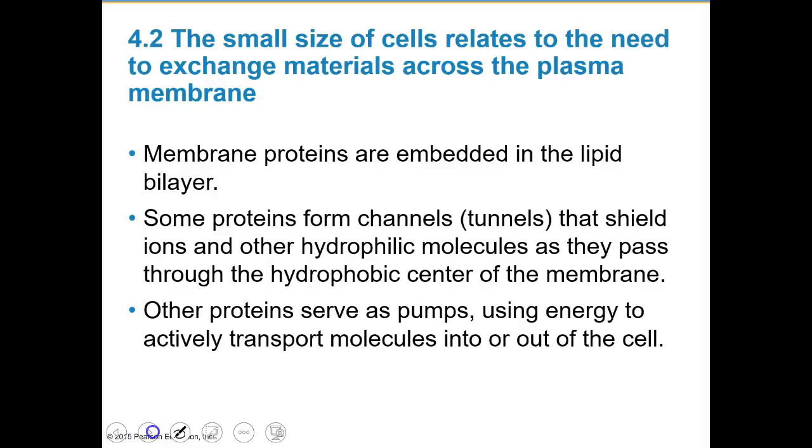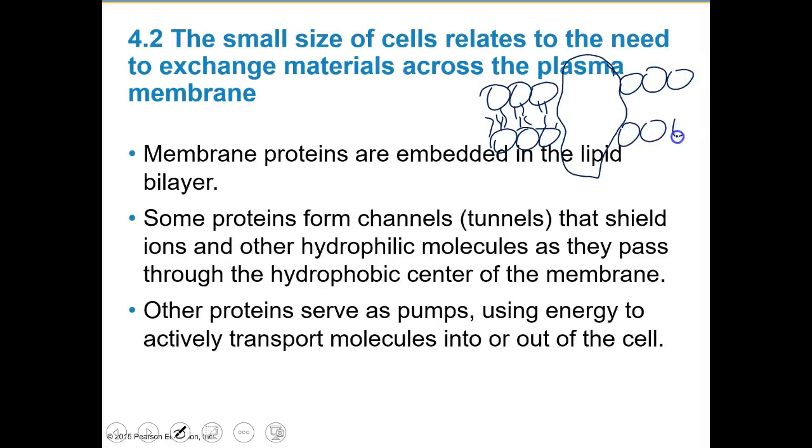Okay, so the membrane proteins are embedded in the lipid bilayer. The thing I just made for you looks like jellyfish waving at each other. Sometimes there'll be proteins in there, and they'll look sort of like that within this little layer of jellyfish waving at each other.